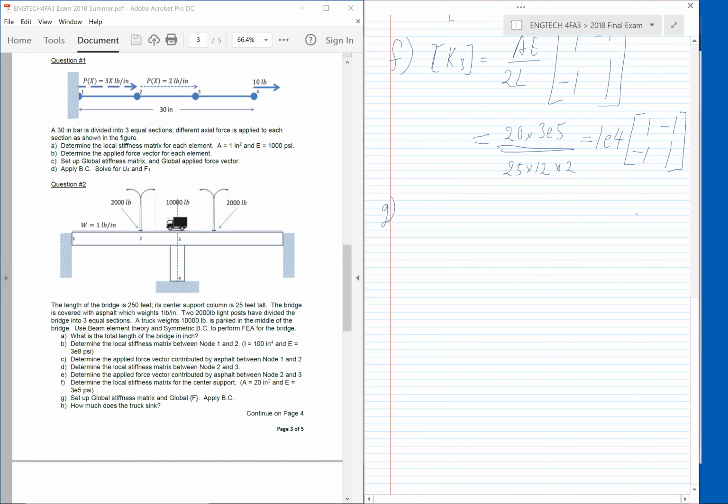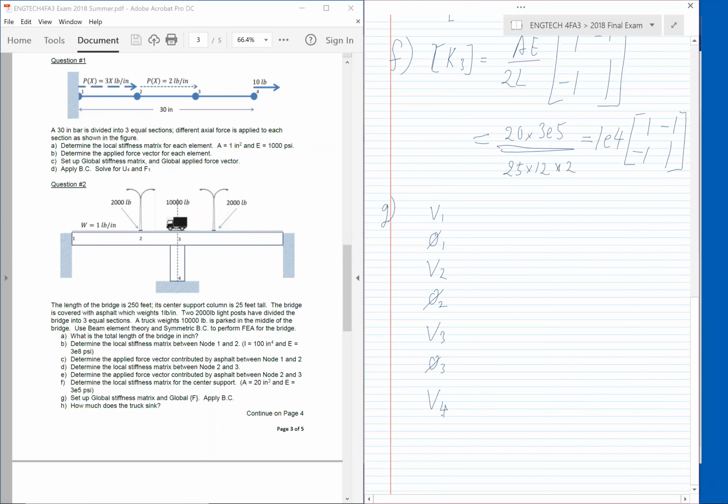So V1, and then phi 1. Right here, 2, so V2, phi 2. And 3 will be V3, phi 3. And then node 4 only moves along the rod element, and that rod element is vertical, so it is V4.